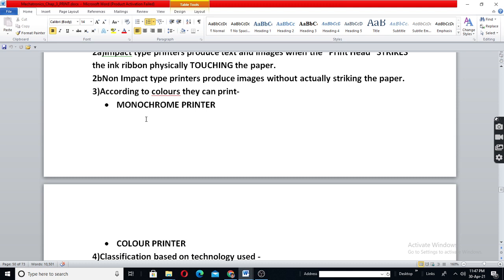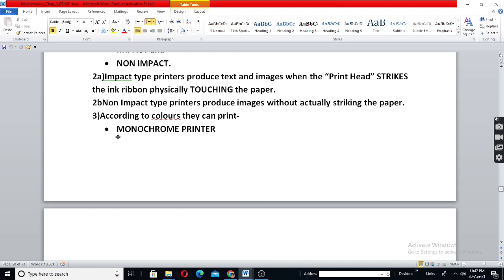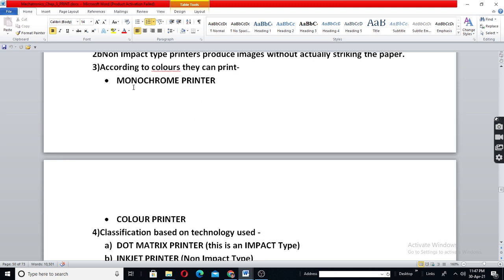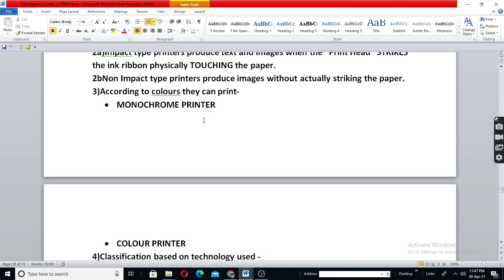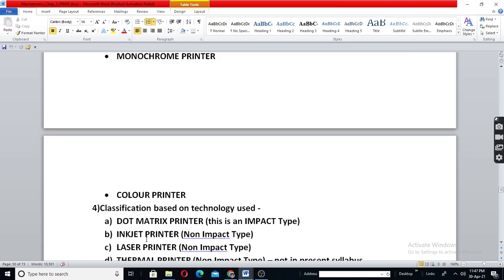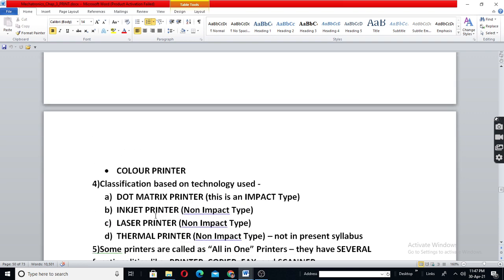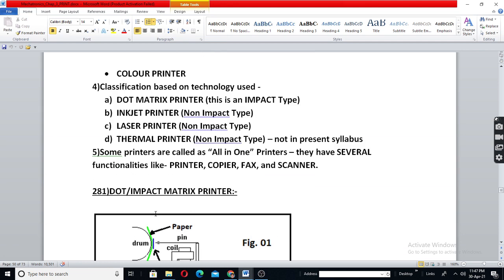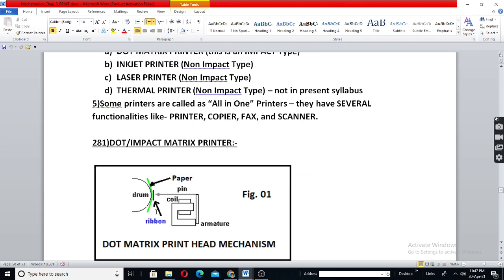Printers can also be classified as monochrome printer, meaning black and white, only one color, black or blue or any one color, and also color printer. Some printers today are all-in-one or many-in-one.